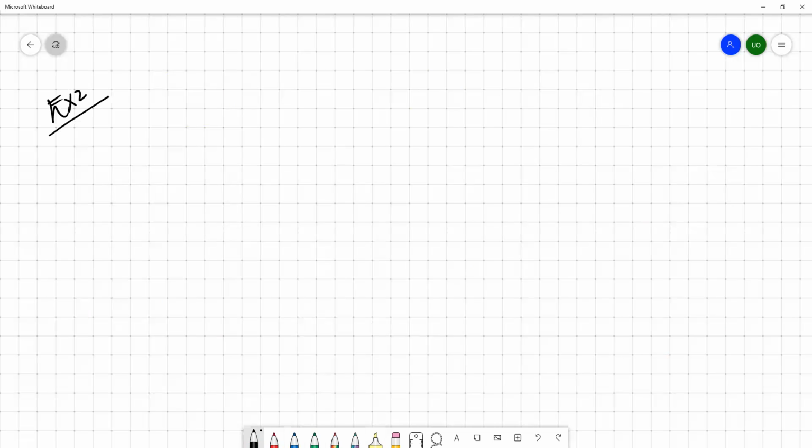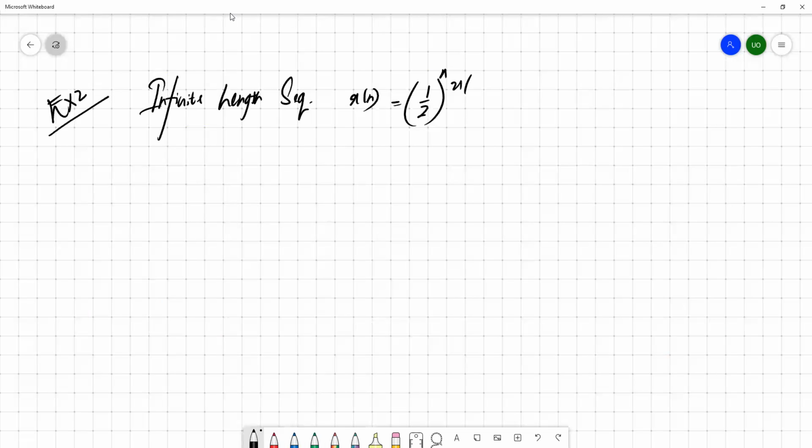In exercise 2, EX2, we have an infinite length sequence x[n] equals (1/2) to the power n u[n].